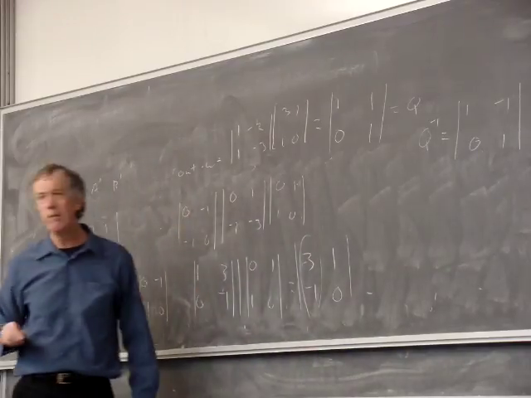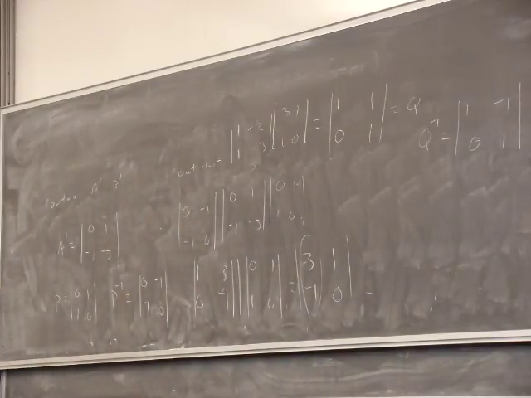We'll convert it to observable form. So the transformation matrix is kind of like the identity on the anti-diagonal. That's always true.